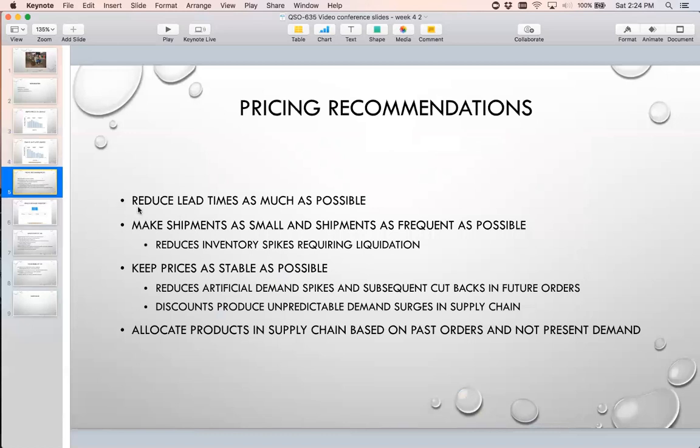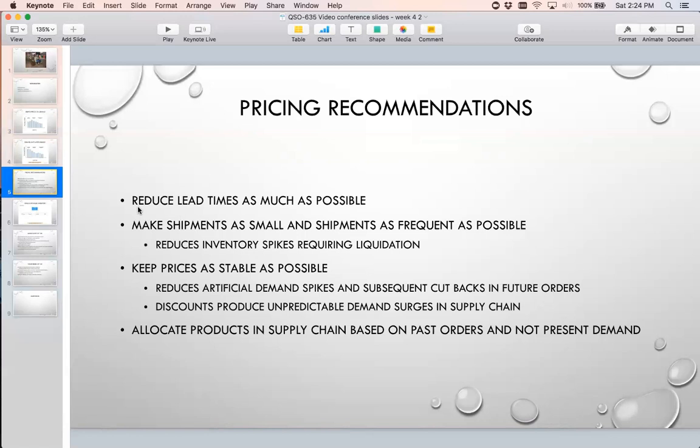Okay, so pricing recommendations. I personally tend to lean towards lean supply chains. So a lot of this applies to lean supply chains, but some of this does apply to push strategies also. So a big thing to do is to reduce the lead times as much as possible.